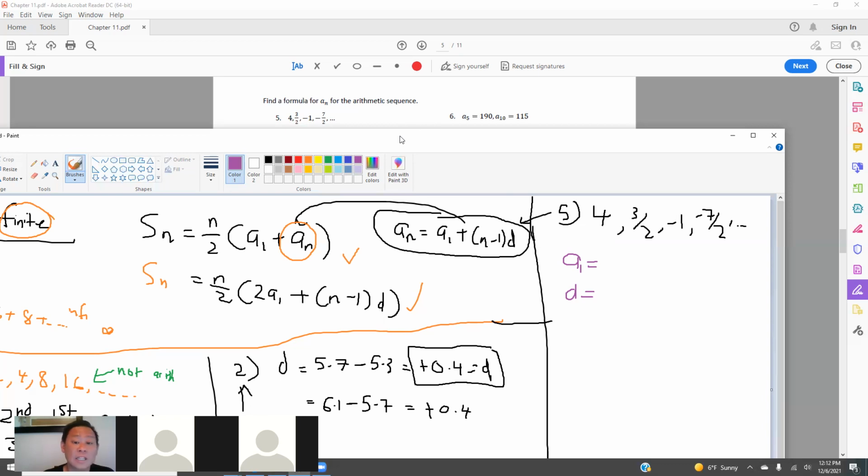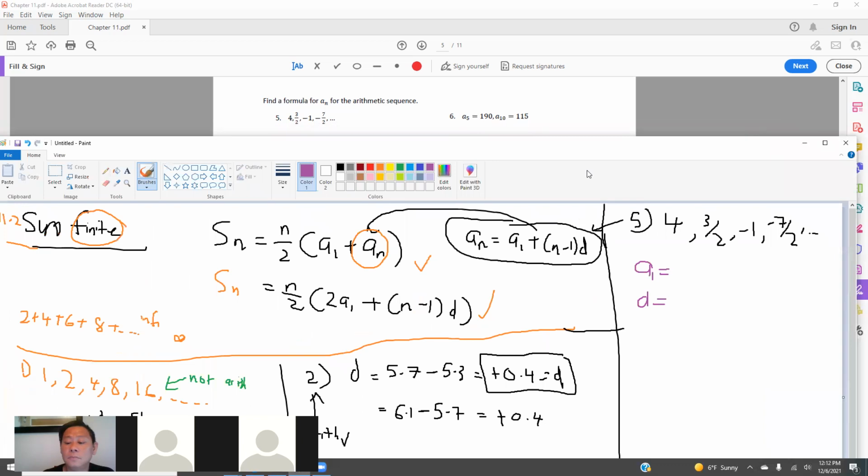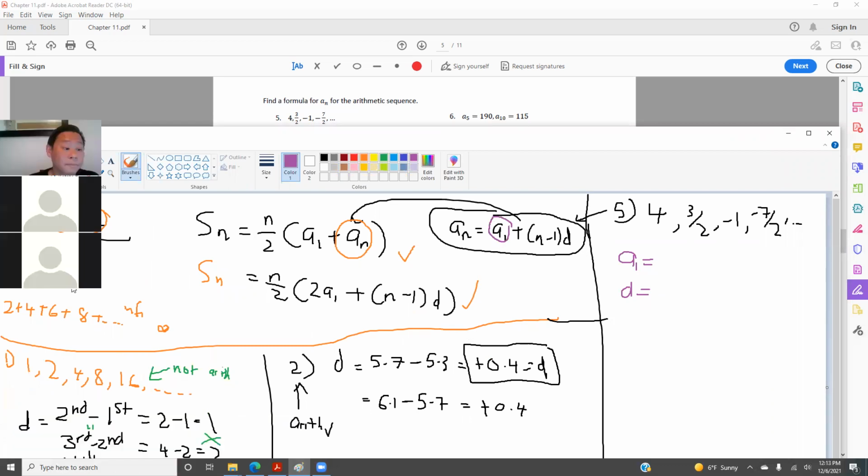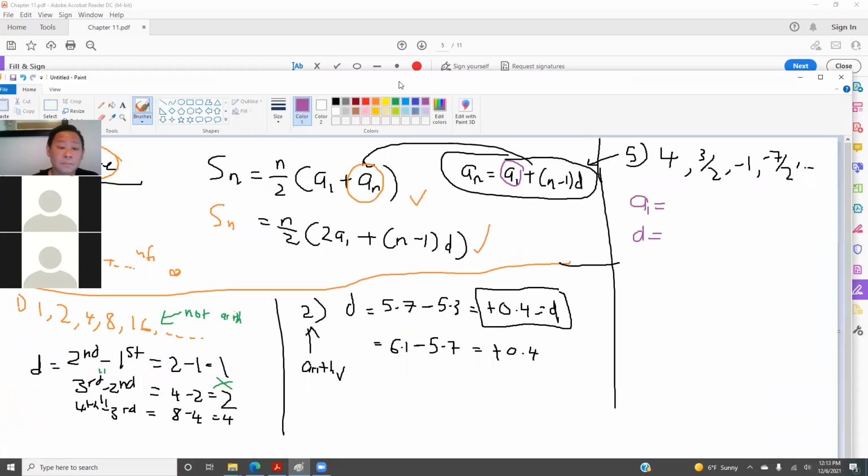And what is D in this case? A1 stands for what? Anyone know what A1 stands for?